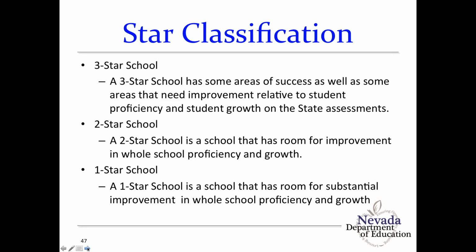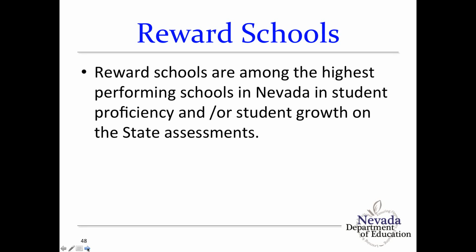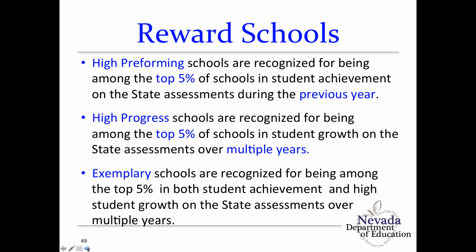The 3-star has some areas of success as well as areas that they need to improve in, both again under proficiency and growth. A 2-star school is a school that has room for improvement in whole school proficiency and growth. And a 1-star school is a school that has room for substantial improvement in whole school proficiency and growth.